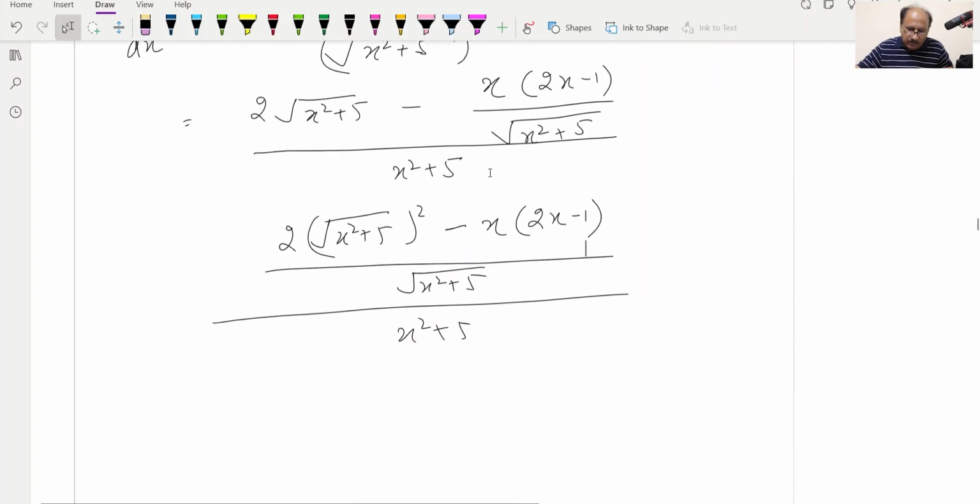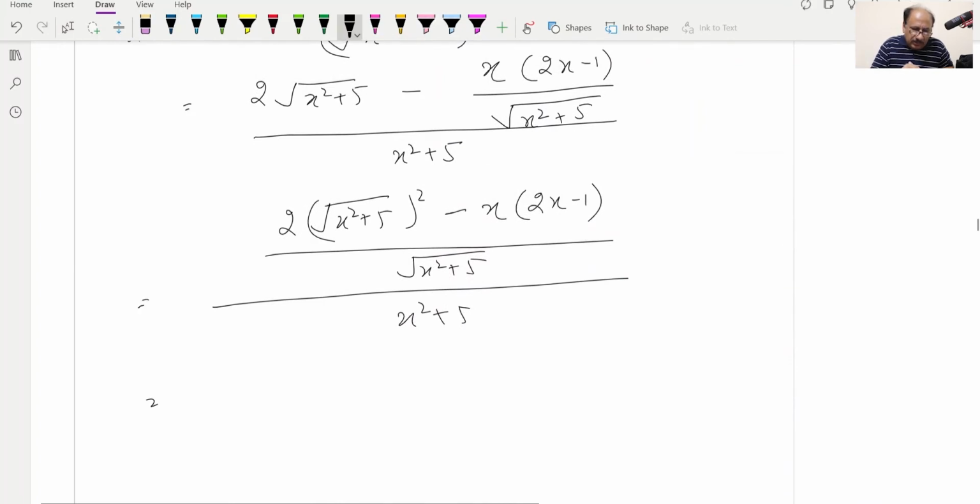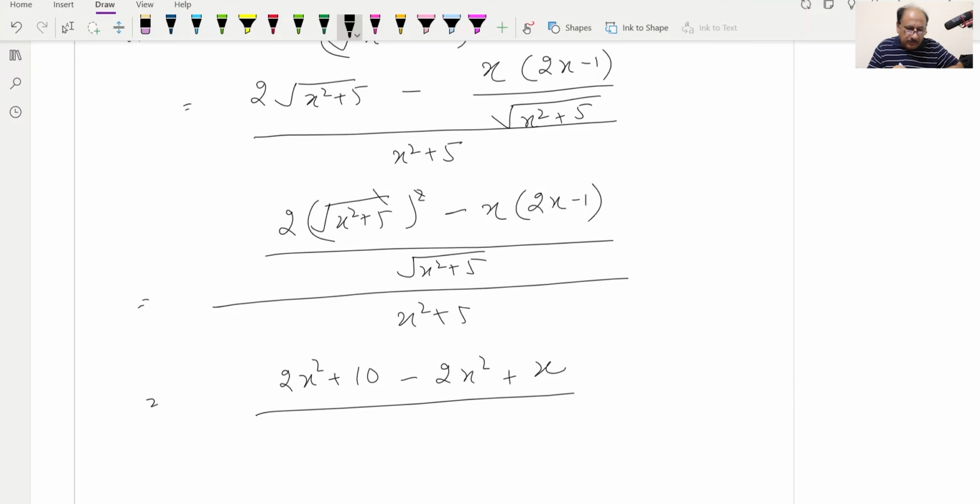Further we can rewrite this as, the square and root will be cancelled, so it will be 2x squared plus 10, and minus 2x squared plus x, divided by x squared plus 5, and into, in brackets, square root of x squared plus 5.